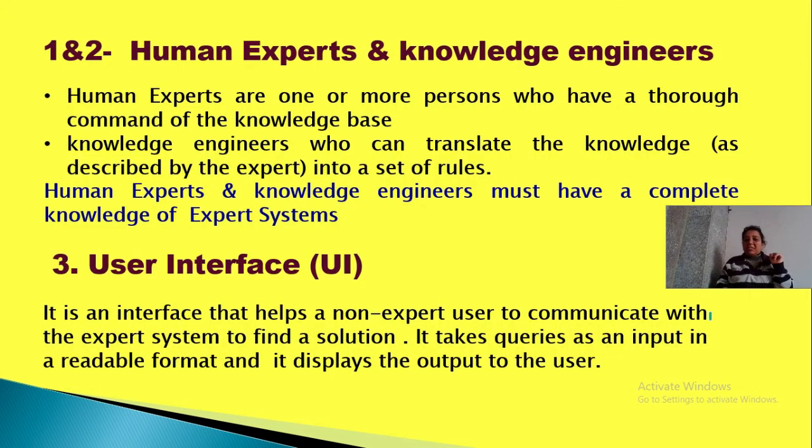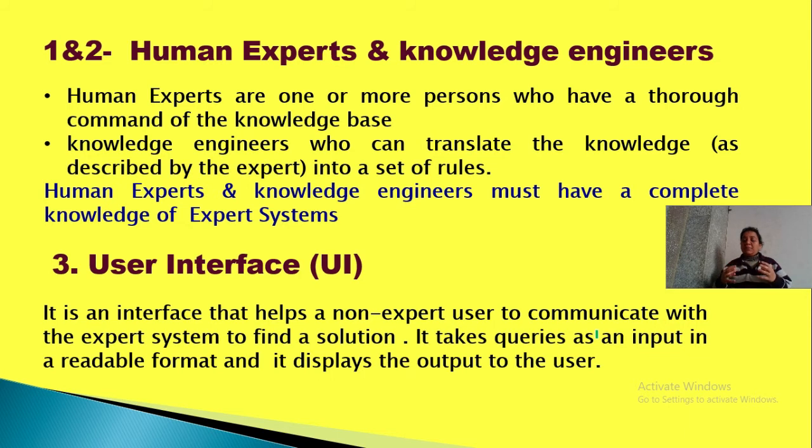Now, what are the human experts and knowledge engineers? The human experts are one or more persons who have knowledge of a particular domain and they can give inputs for the knowledge base to the knowledge engineer. These knowledge engineers translate the knowledge given by the human experts into a set of rules in the knowledge base.